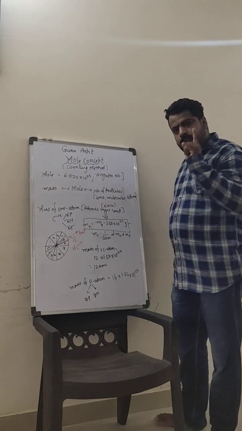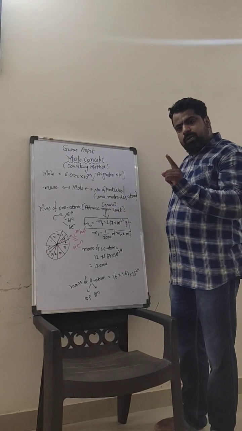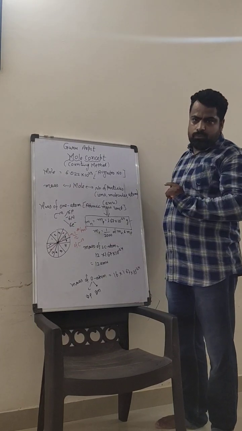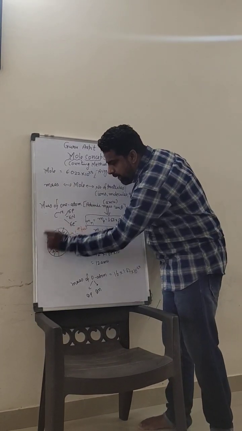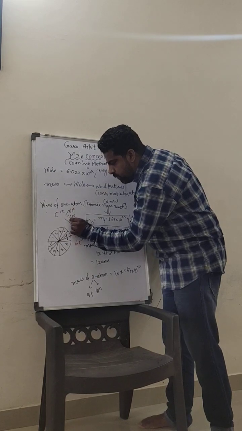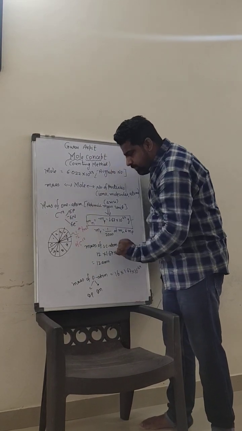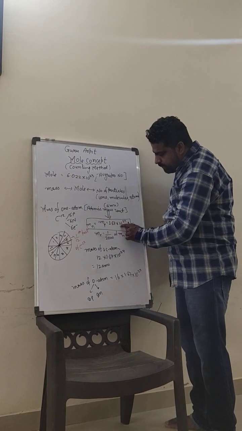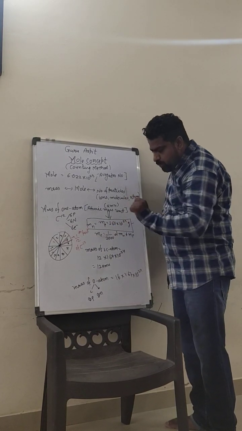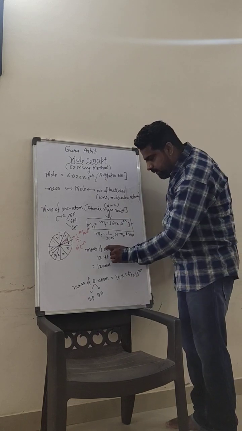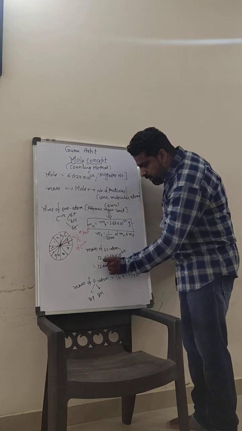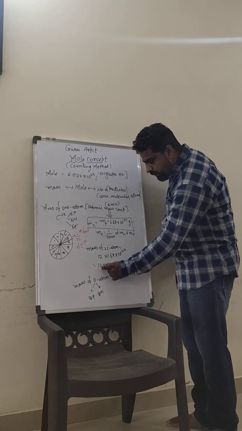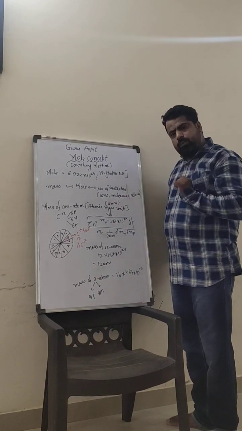So the mass of one carbon atom is equivalent to 12 times 1 AMU. There are 12 particles, consisting of 6 protons and 6 neutrons, and each 1 upon 12 part is equivalent to 1.67 into 10 to the power minus 24. So the mass of one carbon atom is 12 into 1.67 into 10 to the power minus 24, or we can say 12 AMU.